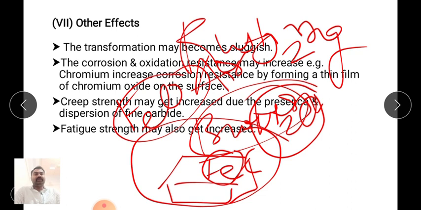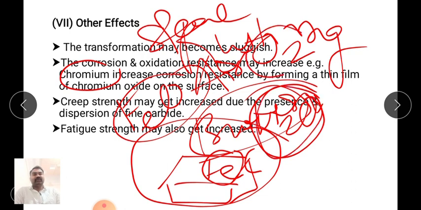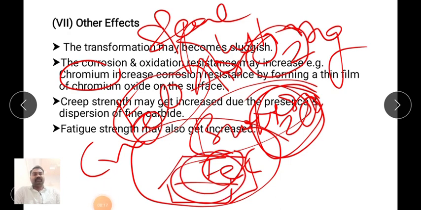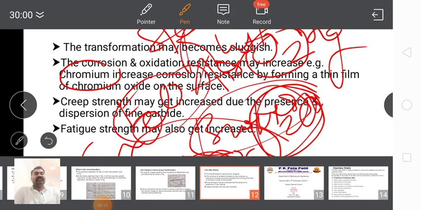And in order to prevent that rusting of iron, what we will do, we will add chromium in the steel. Now what will happen, whatever iron and carbon present in the steel will remain as it is, and that chromium will react with the atmospheric moisture as well as atmospheric oxygen and form chromium oxide film on the surface of that metallic piece, and because of that the corrosion resistance will increase.